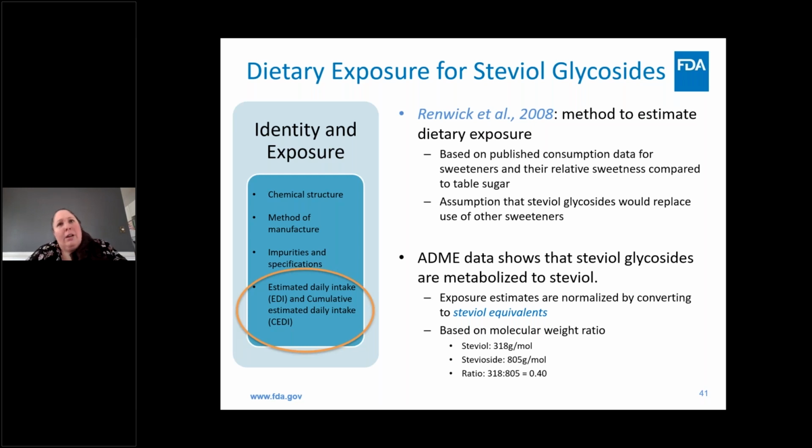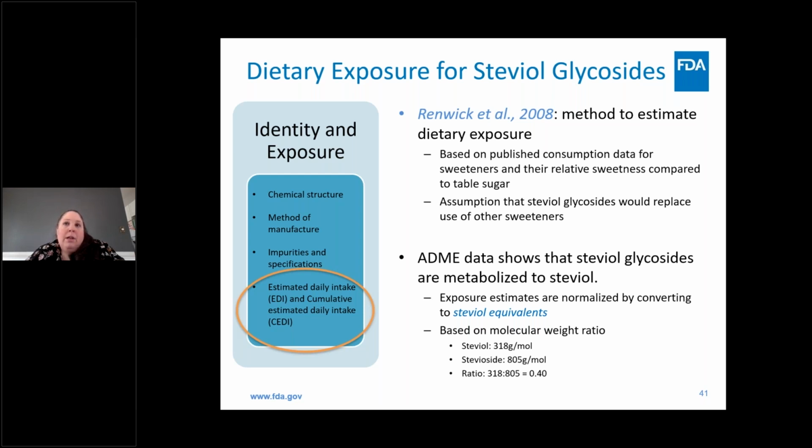So we've talked about the toxicology studies used to establish safety, and now I want to get into the exposure estimates a little bit. So there's actually a publication that we use done by Renwick et al. from 2008, and it presents a method to calculate dietary exposure for sweeteners.